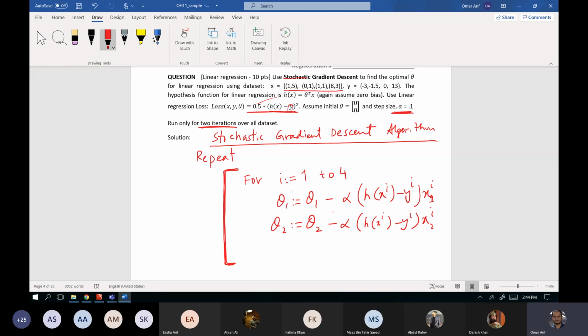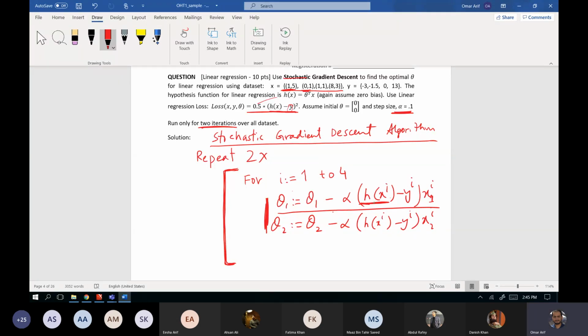So this is what we are going to do. Pick the first example, first data point, compute these 2 values, update theta, move to the next example, again update, and so on. And that we have to do 2 times, so repeat 2 times because the question says so. And secondly, in order to compute this updated value, I also need to compute the prediction.